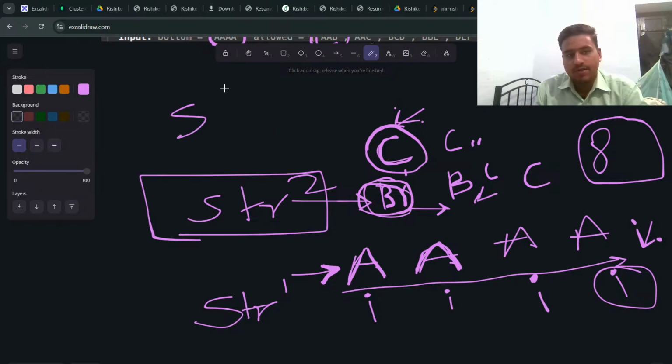Str2 is equal to empty. Okay. It is, and it can be doable.